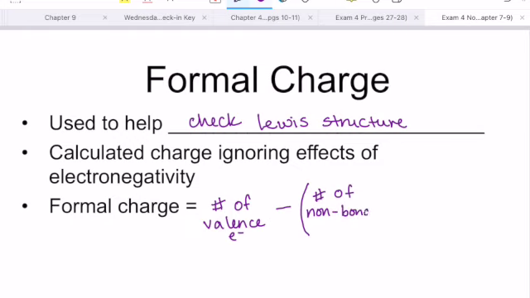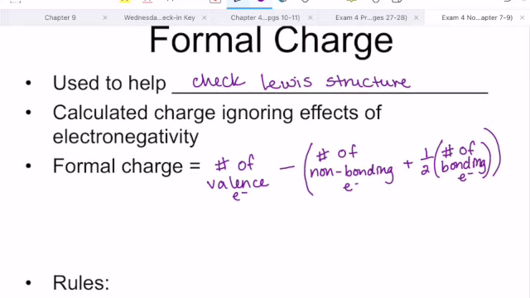So we're counting those individually, not as pairs, plus half of the number of bonding electrons. Okay, so this is kind of a very long definition, and this is the formal definition.